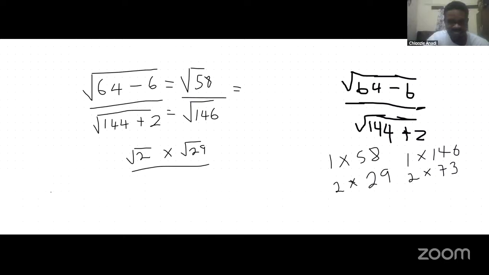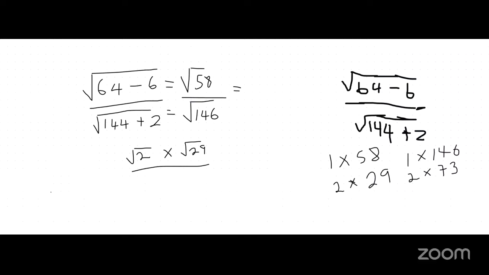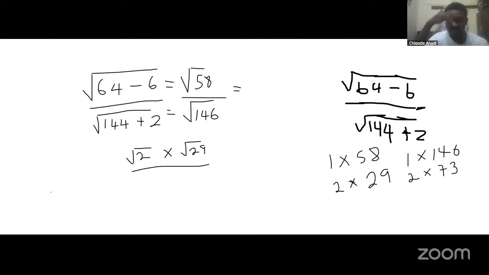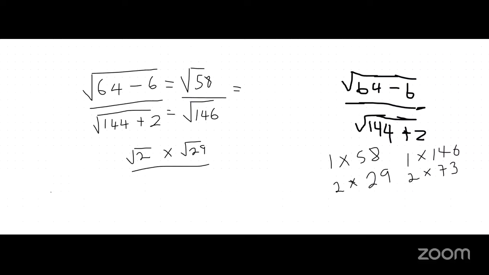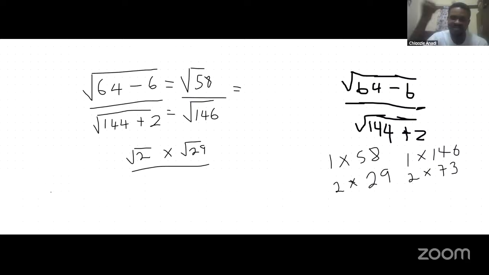2 times 73. What else? Is 3 a factor? 3 cannot go in 146. What about 4? Is 4 a factor? No, 4 cannot go as well. 5 cannot go. What about 6?